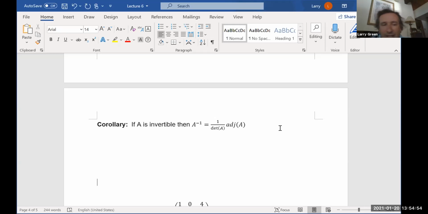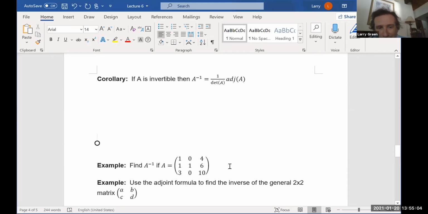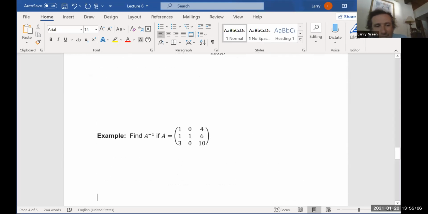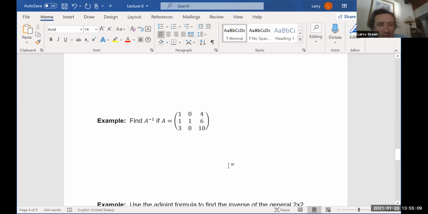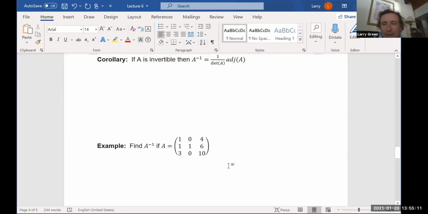Any questions at all on this corollary? Okay, so the good news is we can do an example, and I'm just going to do the example we already did, so I don't want to spend all the time calculating. But let's see if we can find the inverse, A inverse, if A is this matrix that we started with: 1, 0, 4, 0, 1, 1, 1, 6, 3, 0, 10. And the answer is we've done all the work.